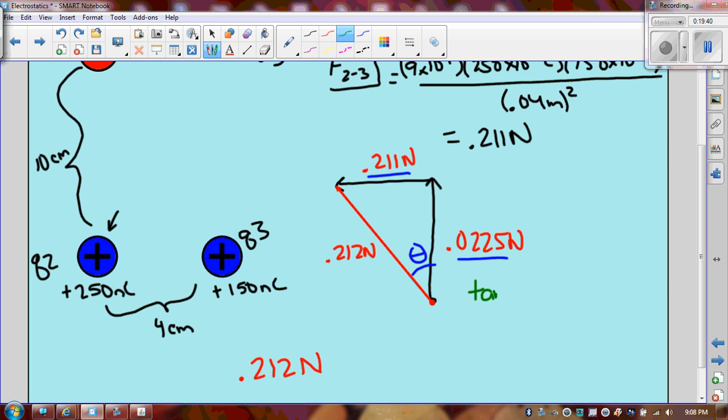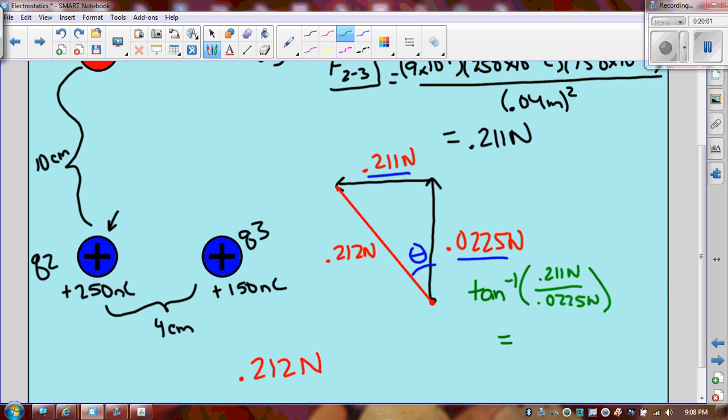So inverse tangent, which looks like that, of my opposite, which is 0.211 newtons, over my adjacent, which is 0.0225 newtons. Make sure you are in degrees and not radians, because I know a lot of you are taking either pre-calc or calculus with this, and they do radians a lot.